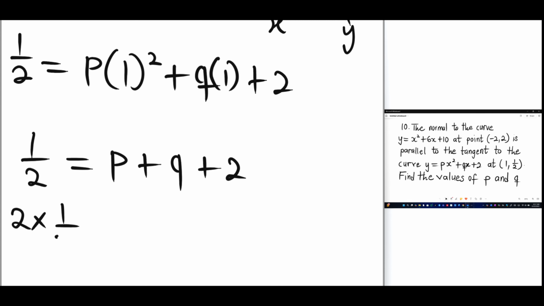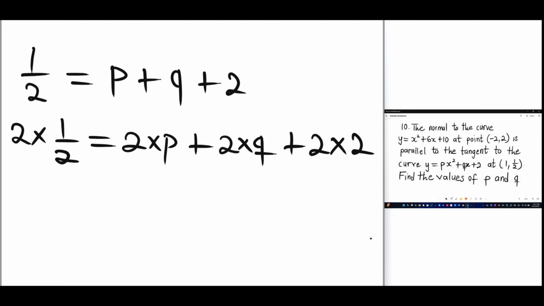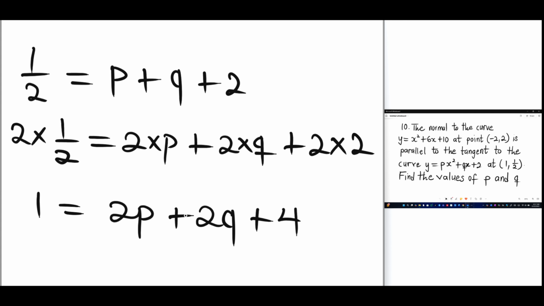Half multiplying 2 equal to 2 multiplying p plus 2 multiplying q plus 2 multiplying 2. So at the left hand side, we are going to get 1, then equal to 2p plus 2q, plus 4.